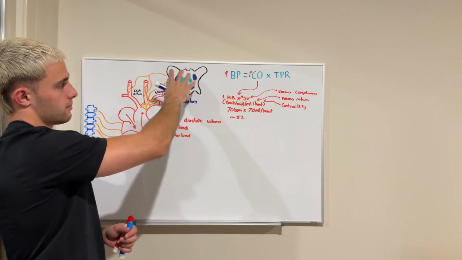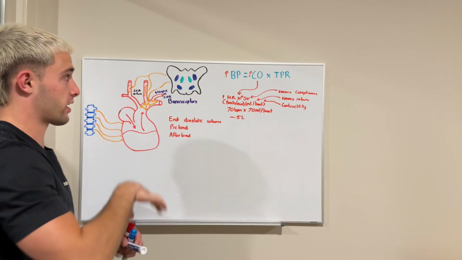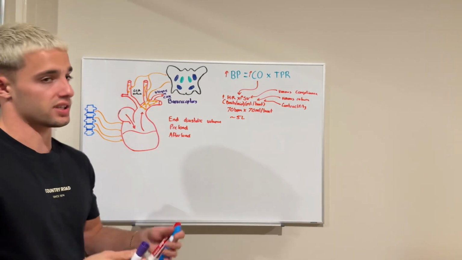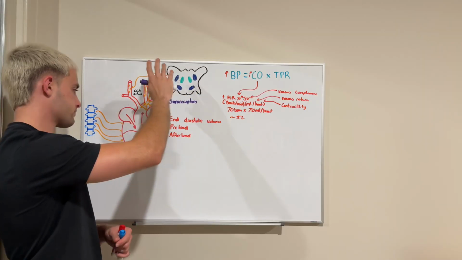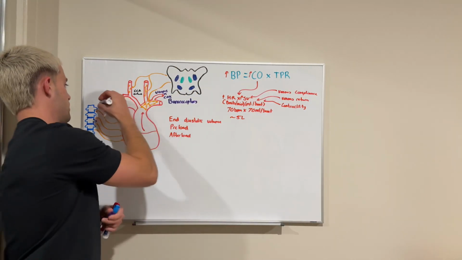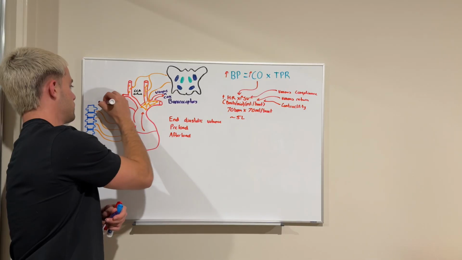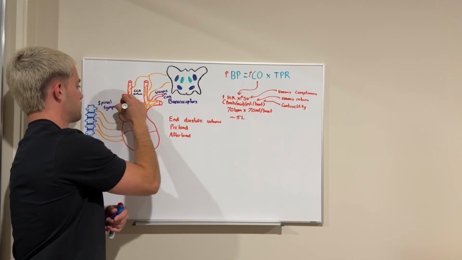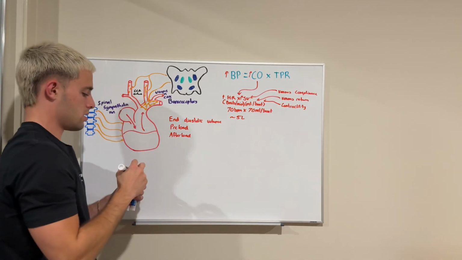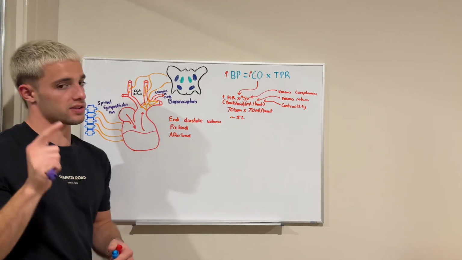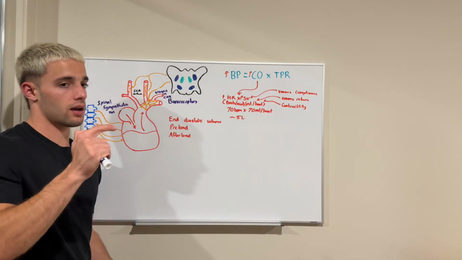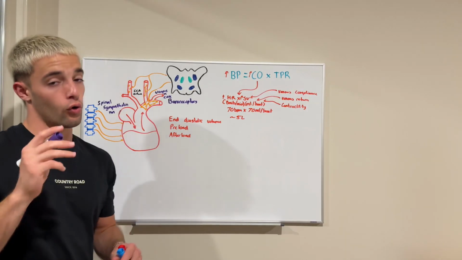Therefore, the medulla is going to pick up on that and it's going to be like, okay, now we need to inhibit the parasympathetic nervous system, or your rest and digest system. So it inhibits that and then it sends signals via the spinal sympathetic nerves to the heart, releasing noradrenaline.